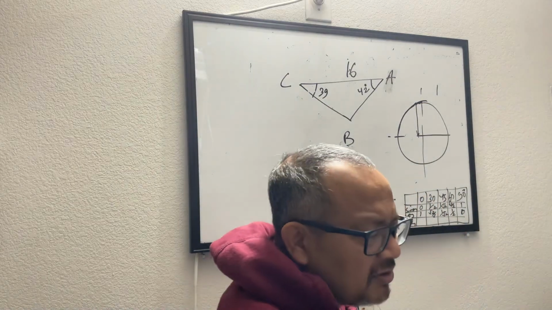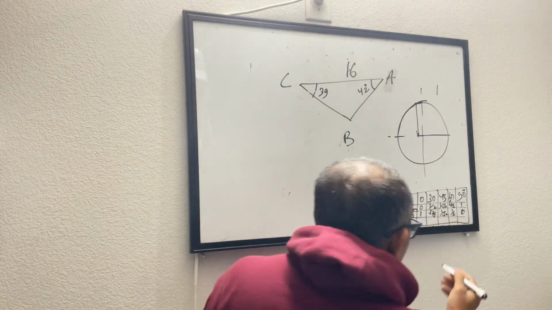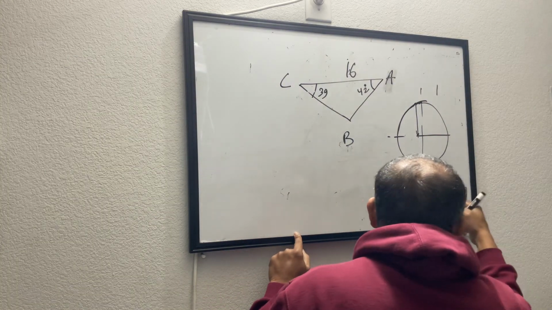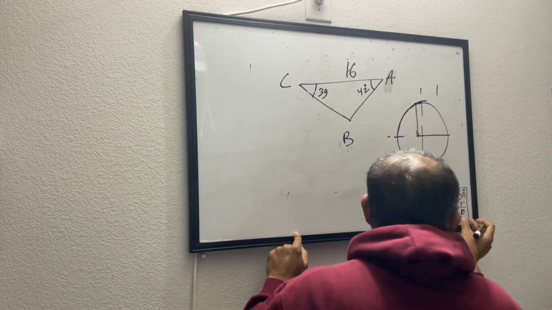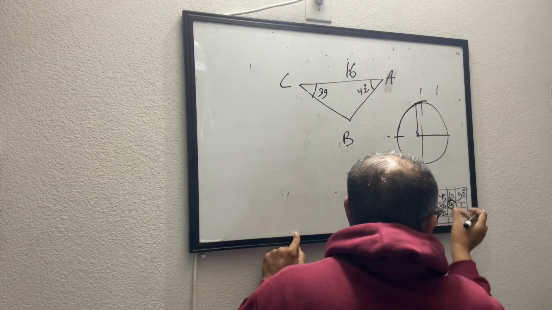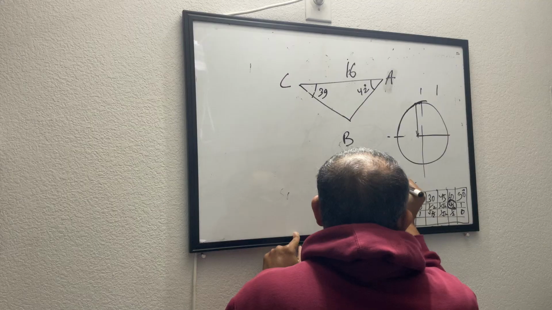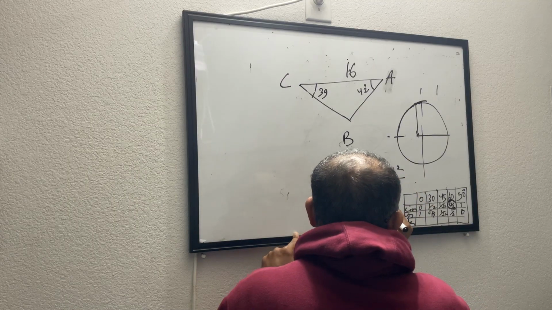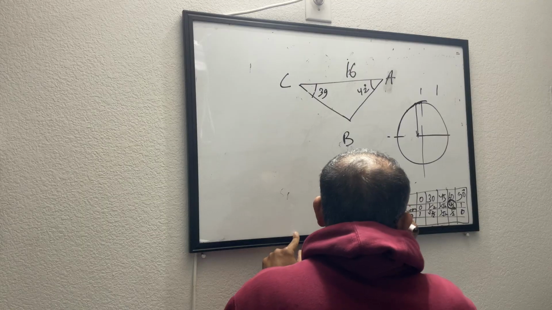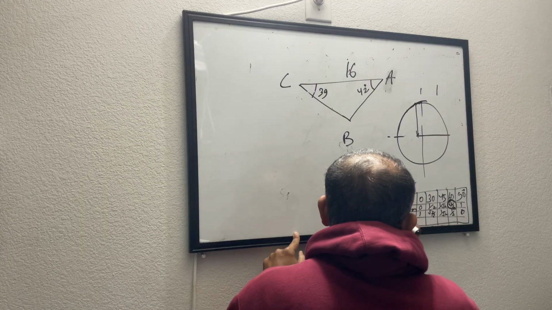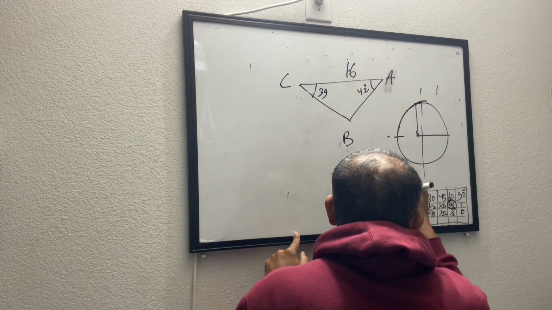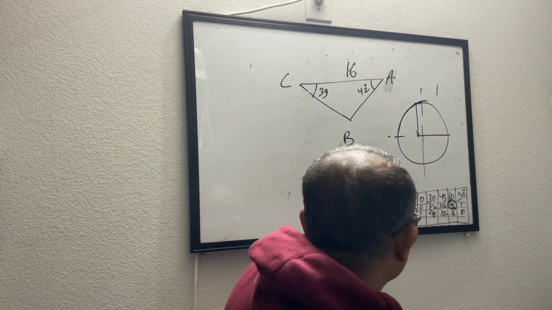If you reduce by 30 degrees, then you are reducing from 1 to root 3 by 2. Root 3 is 1.732 if I am not wrong. Divide by 2 gives you 0.866.